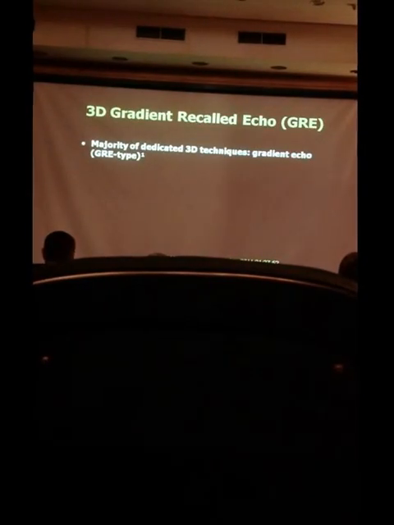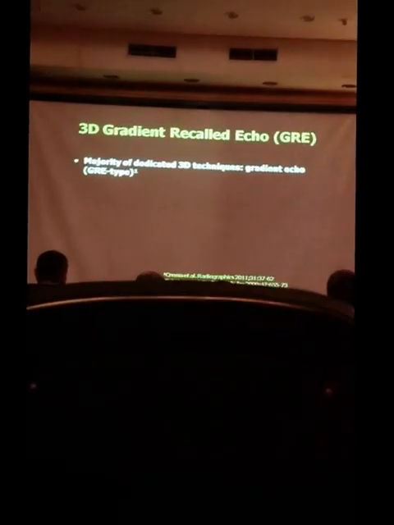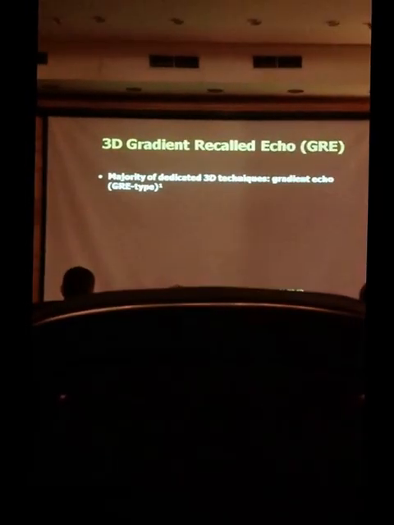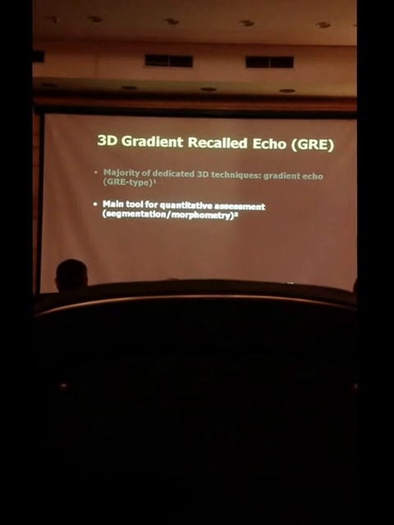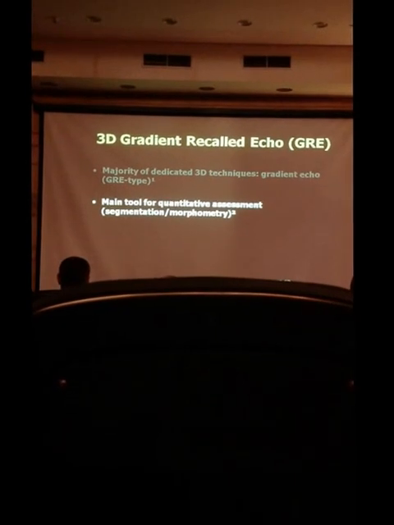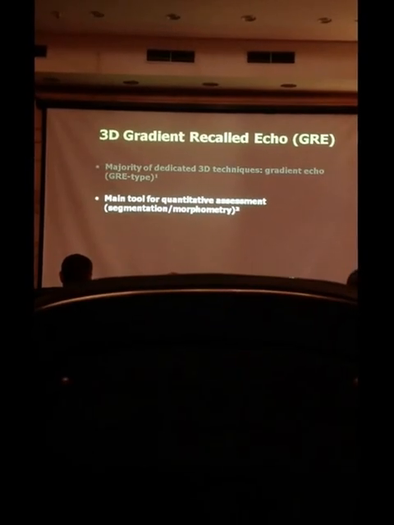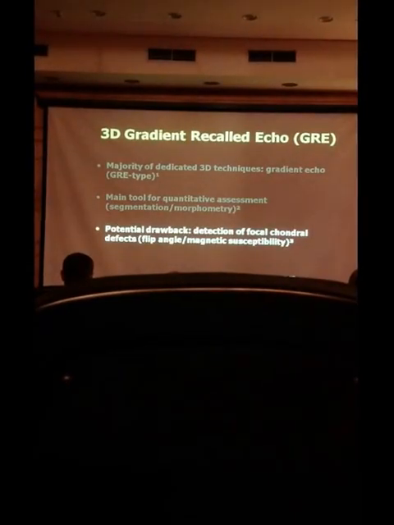Let's talk a little bit about the gradient recalled echo sequences. Most of the dedicated techniques for cartilage we have on MRI are actually gradient recalled echo sequences, what we call GRE type sequences. This is the main tool for quantitative assessment of cartilage, when we segment cartilage to evaluate the whole thickness or the whole volume of cartilage in a joint. And it has a potential drawback, which means a problem: the detection of focal contour defects.